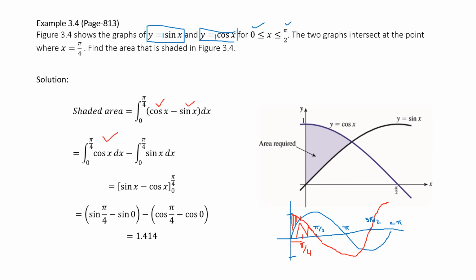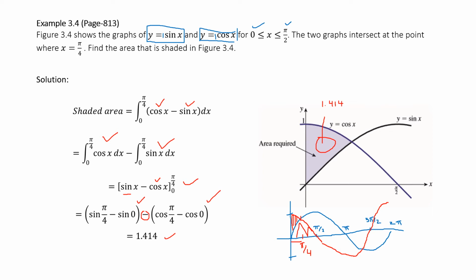So one time cosine, another sine, table of integration for pi by 4, sine for both limits, then minus, and cosine for both limits, calculator. So this shaded area is 0.414.